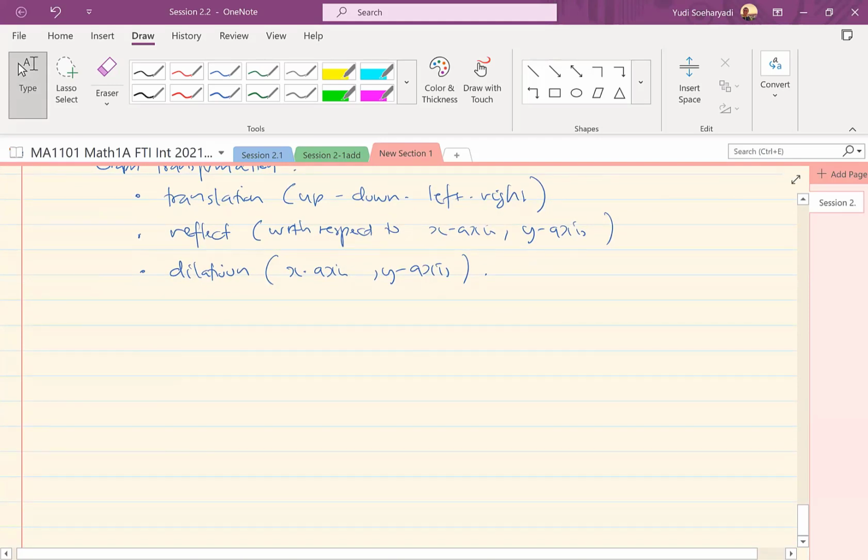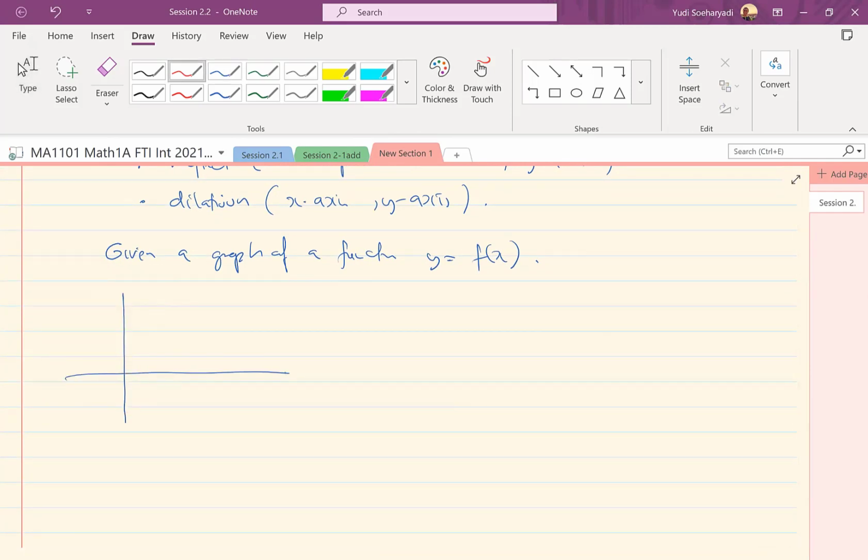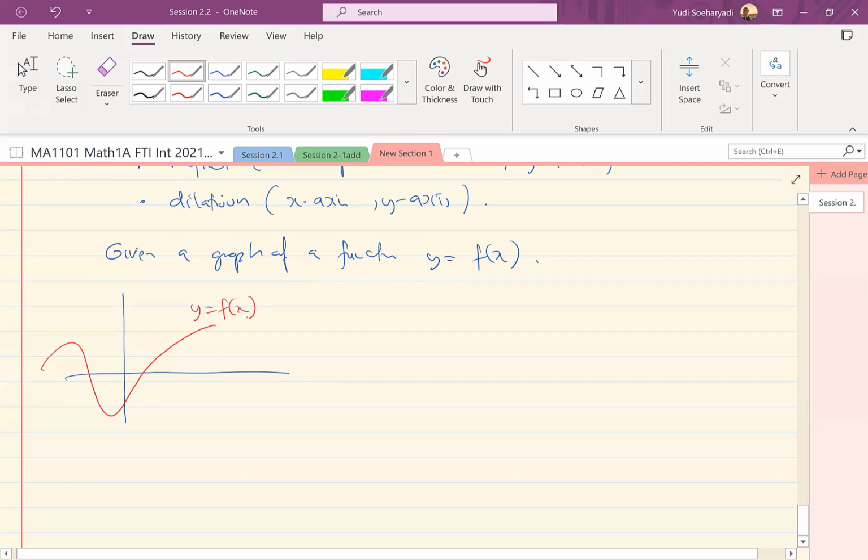Okay. Suppose you're given a graph of a function, say f of x. Okay, so this is the graph. Looks like this one. And this is y equals f of x.